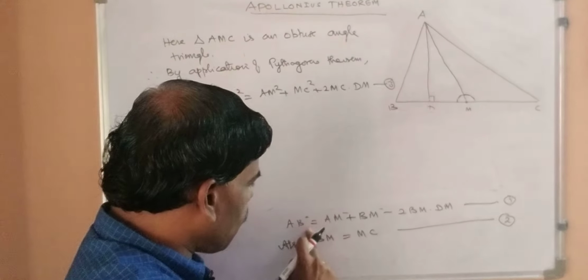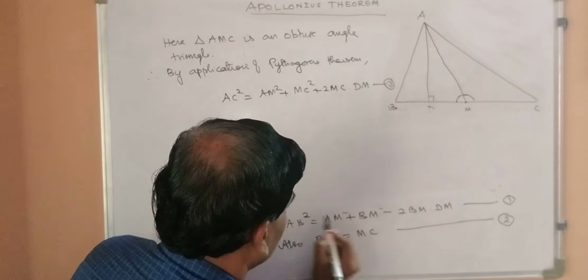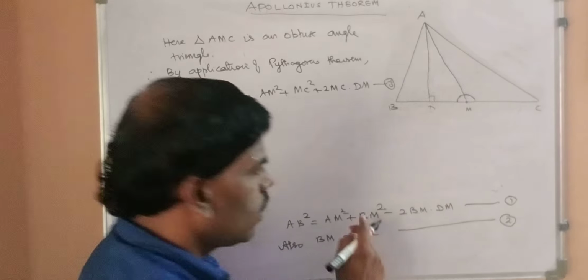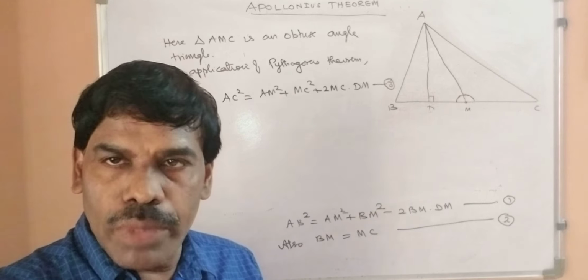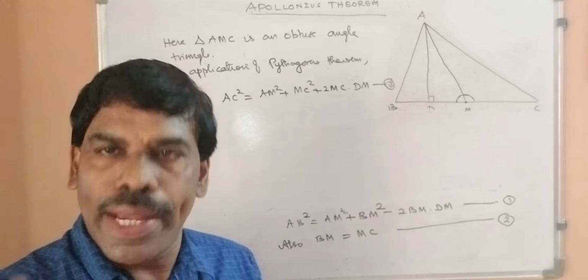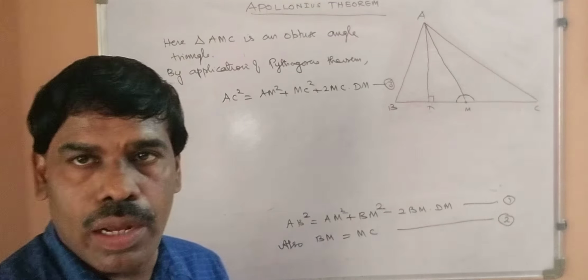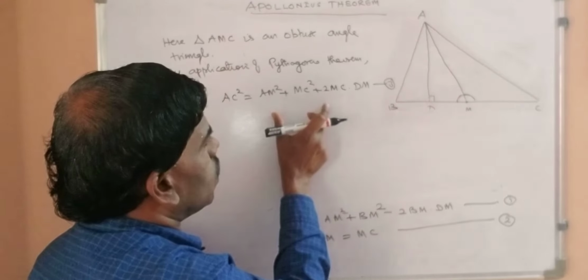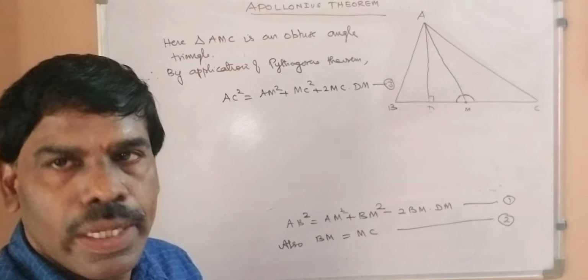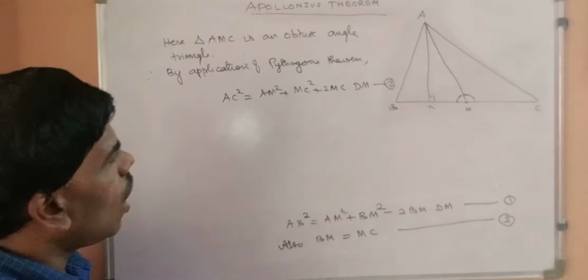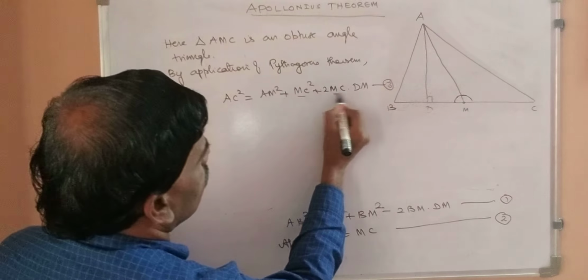See, this result we got by applying which theorem? Pythagoras theorem for acute angle triangle. Now we have got this result for this triangle AMC by applying the same theorem. Now look at this here, MC.